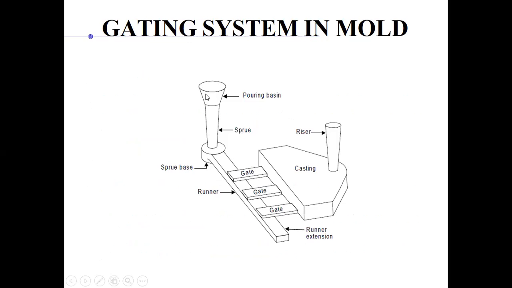So it is responsible for pouring the molten metal, making sure that the molten metal flows smoothly from that ladle, right? You have a ladle, right, which has this molten metal, and with the help of this ladle, you are going to pour the molten metal.